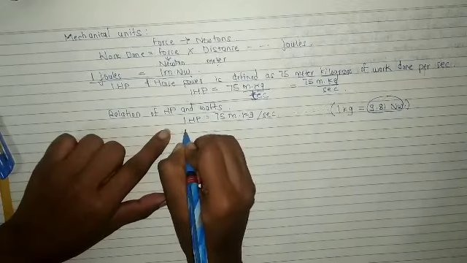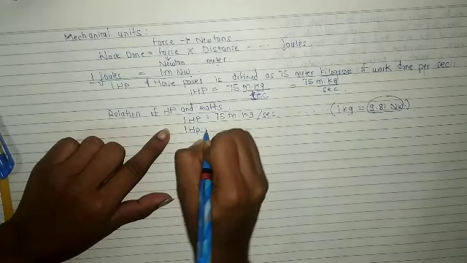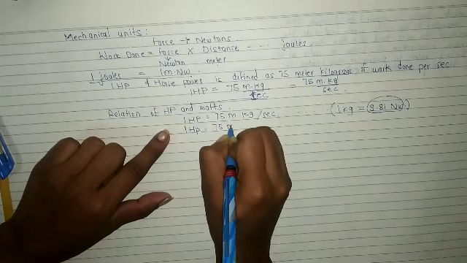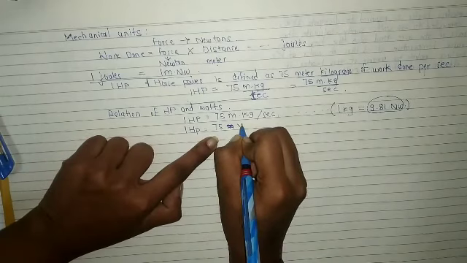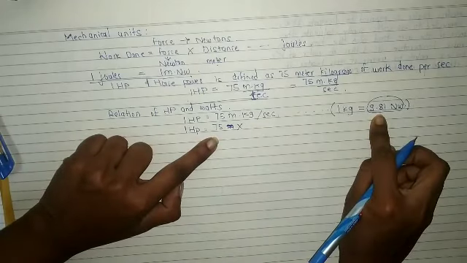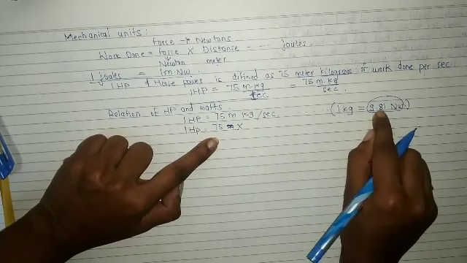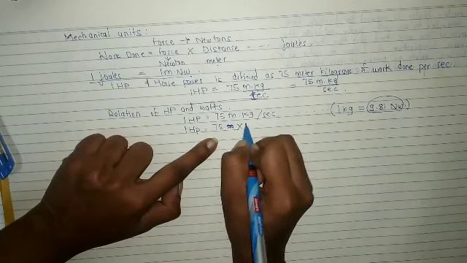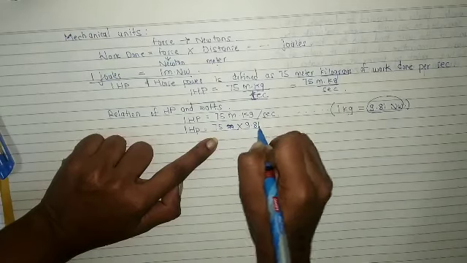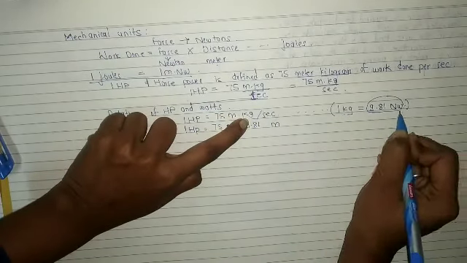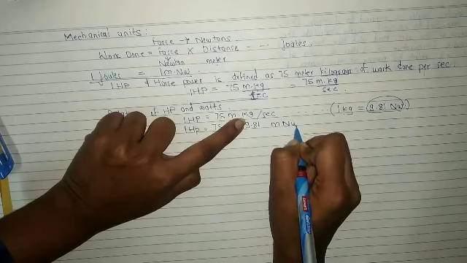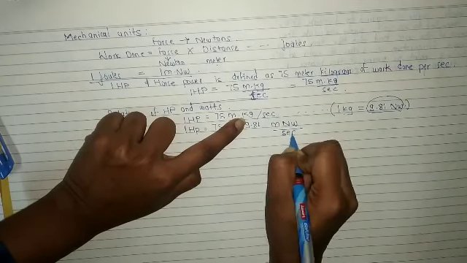So what will be our equation? 1 HP is equal to 75 meter. 75 multiplied by 9.81, because we are writing this kg in Newton form. So 75 into 9.81 meter, Newton per second.